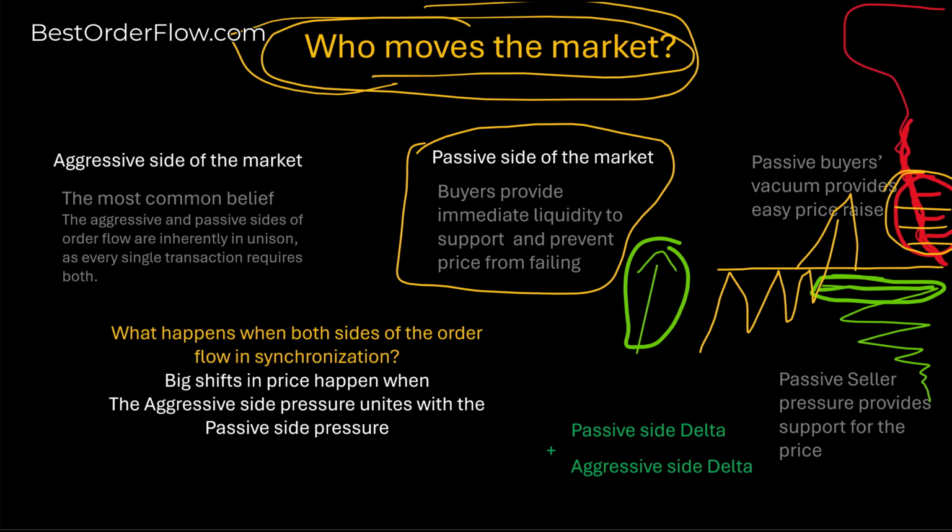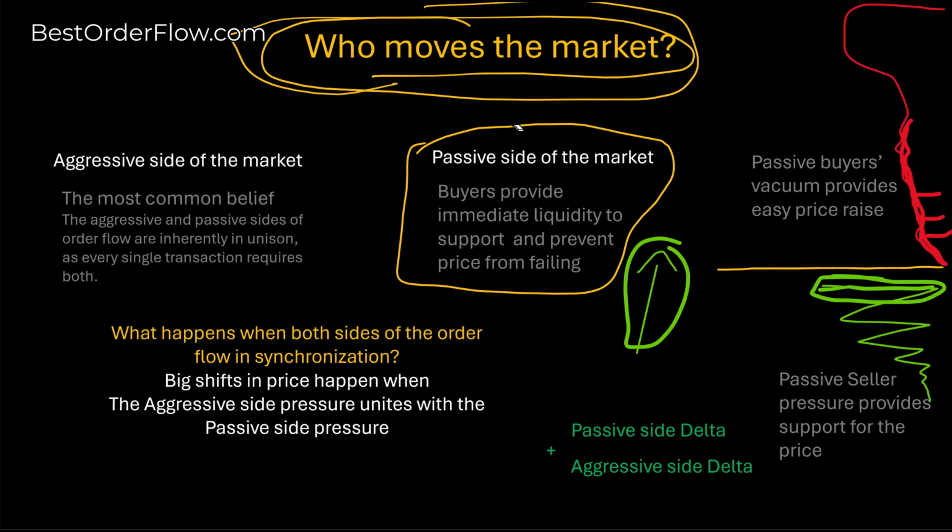Sometimes I observed many times that this price even went through a level that was previously hard to penetrate, and then they simply returned it back because it's exhausted. Does that happen? Absolutely.